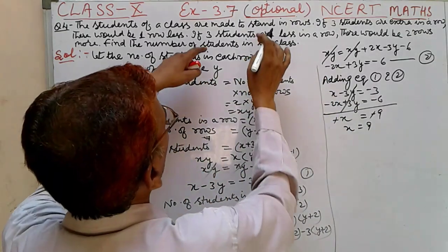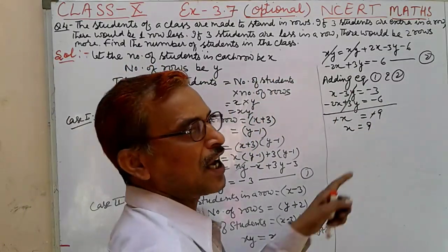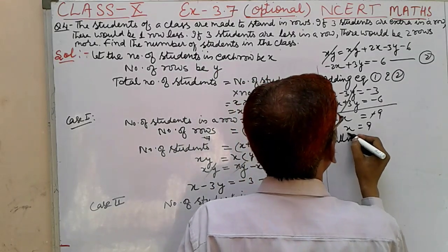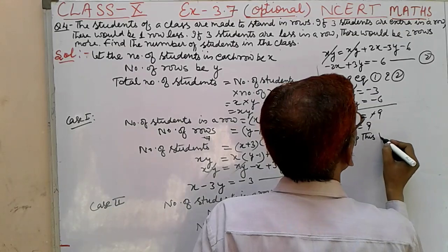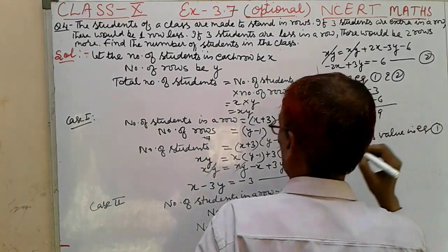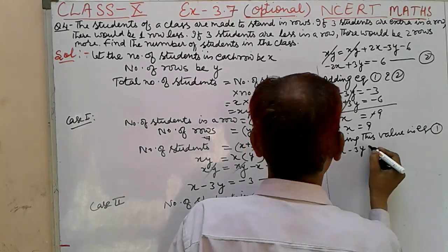This is x. X means the number of students in each row will be 9. Putting this value in equation number 1, x minus 3y is equal to minus 3.